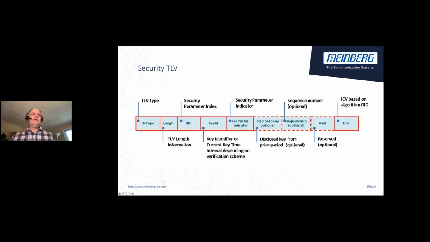So it has a security parameter index. Let's say you have negotiated some security algorithm and you have some parameters associated with that, and that is a table in your device saying, okay, this algorithm and these parameter values are indicated by this security parameter index value.